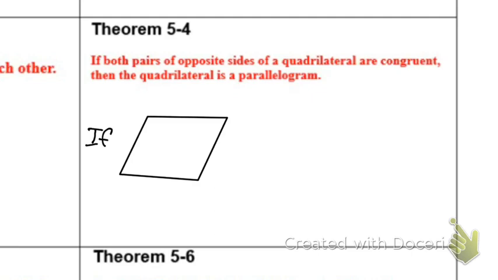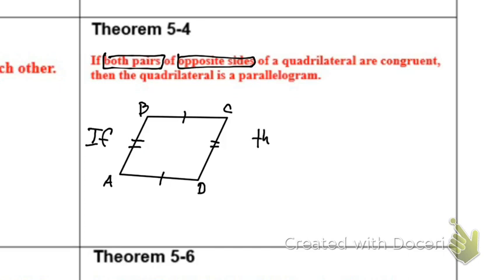So we have a quadrilateral, we'll call it A, B, C, D. Now this says if both pairs of opposite sides of a quadrilateral are congruent. So if BC equals AD and AB is congruent to DC, then ABCD is a parallelogram.